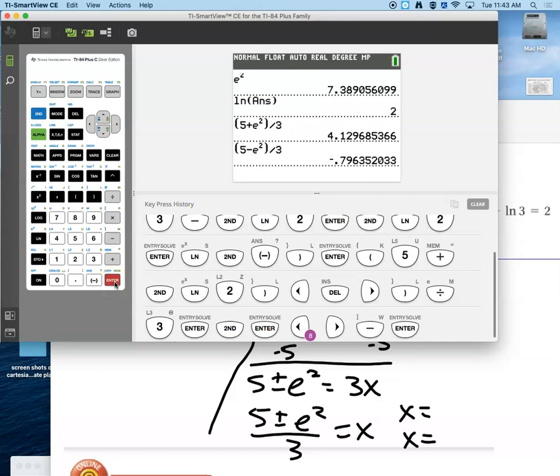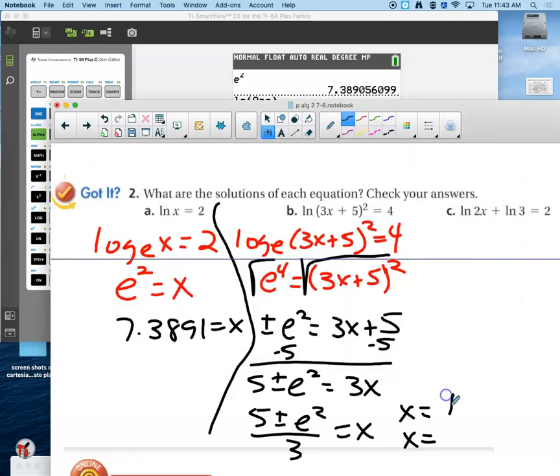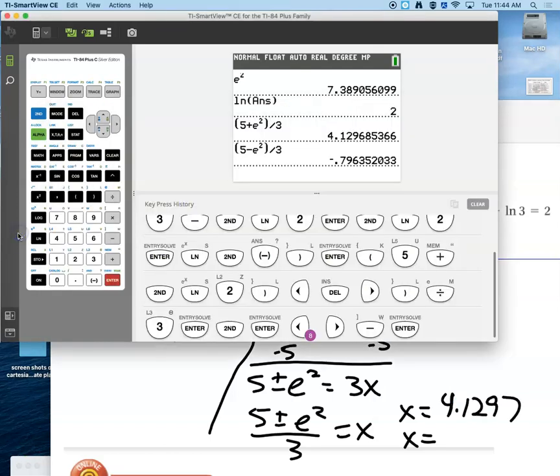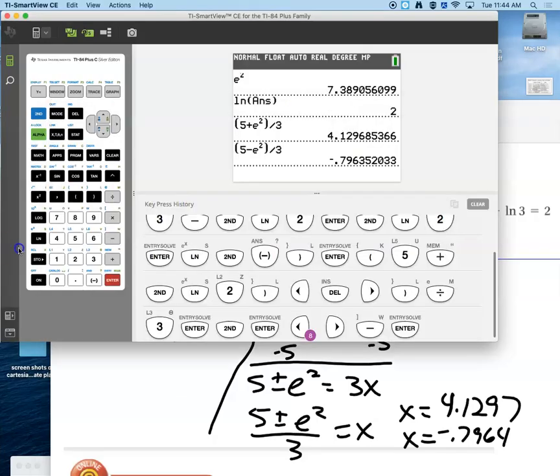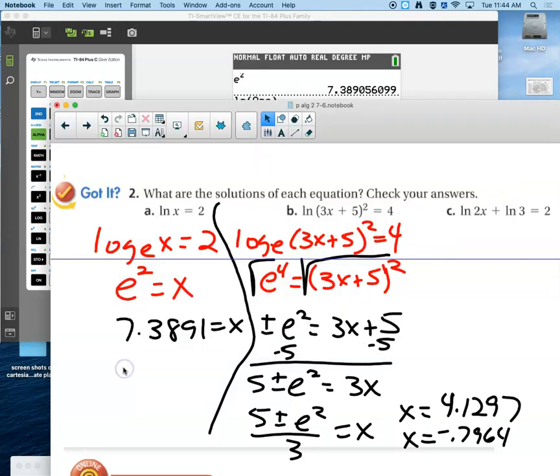So there they are, 4.1297 and negative 0.7964. Double check that one. 7964, yep. So that one took a little bit more, but mostly algebra. And then we're using the calculator. Oh, let's see, can I fit this one in here? I think I can.